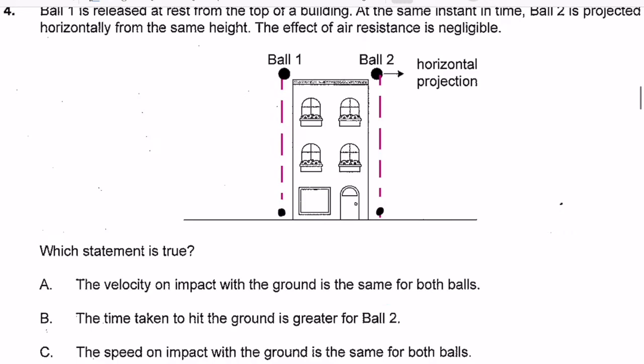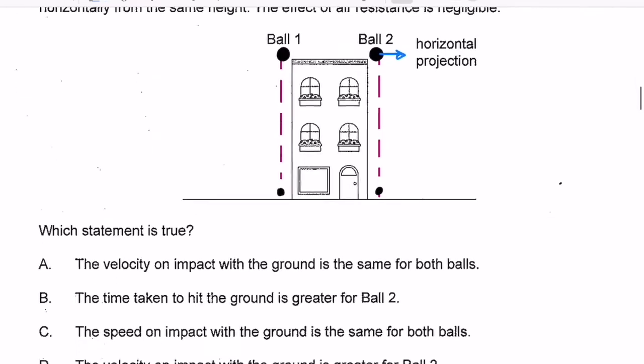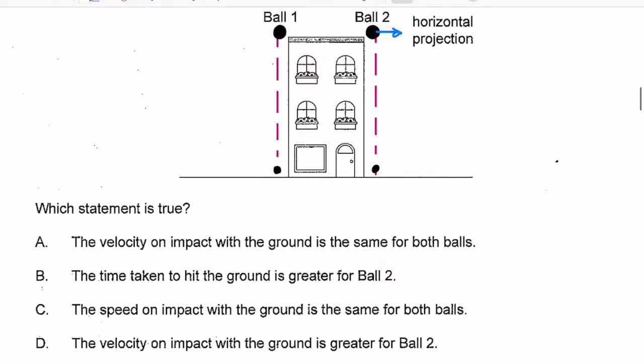They talk about two situations: in one situation you just drop the ball, in another you fire the ball forward. I will draw a blue arrow. See, this one is fired. What we know is they both will have the same final vertical velocity because of falling through height h. Where did I get this from? I wrote v squared equals u squared plus 2as vertically downwards, with u equal to 0.